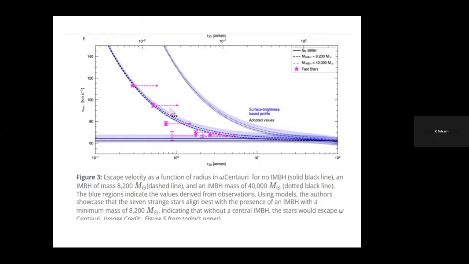These curves, the blue line and black dashed line, if you try to fit them, the mass of the black hole has to be at least 8,200 to 40,000 solar mass.